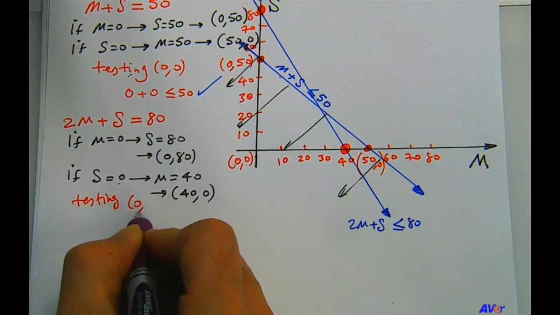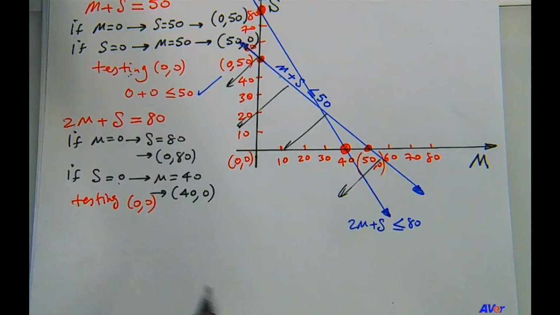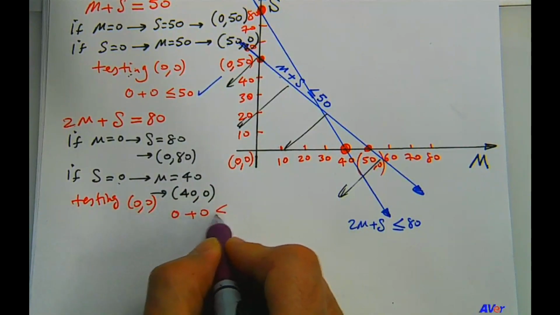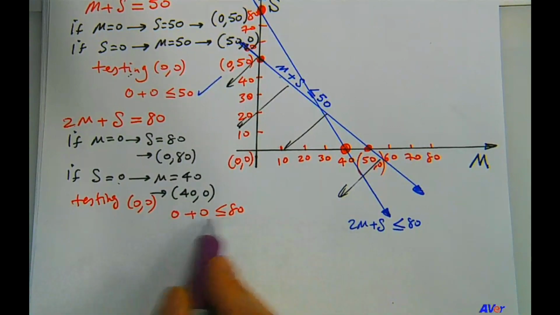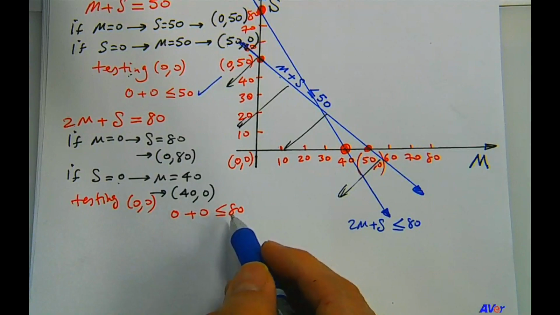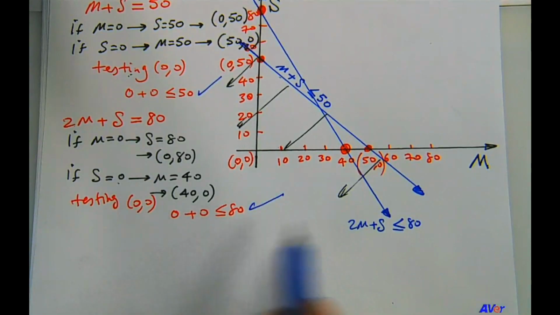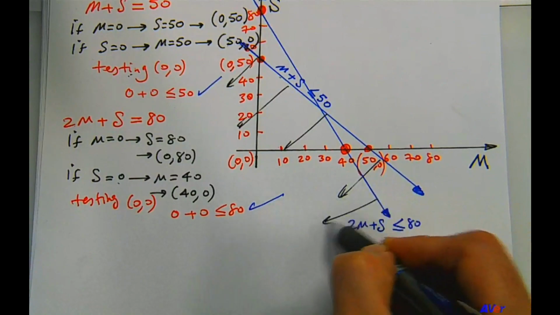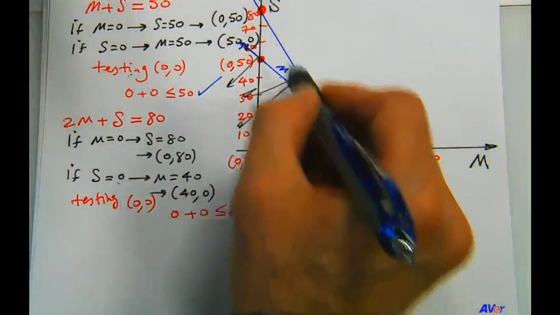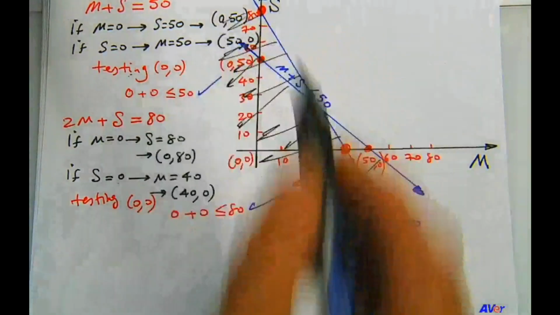So testing 0 comma 0 again. We're going to have 0 plus 0 less than or equal to 80. If you plug in 0 there, is this a correct mathematical statement? Absolutely. So it checked out. So the same side of this line as the test point is the solution of that inequality.